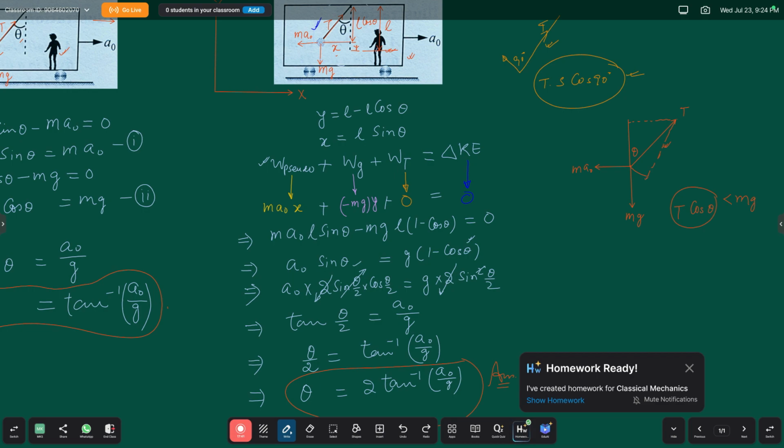But due to motion, by the time it reaches here, it will acquire a velocity. So it will keep continuing in its motion on its path, on the arc, till the time the velocity becomes zero.